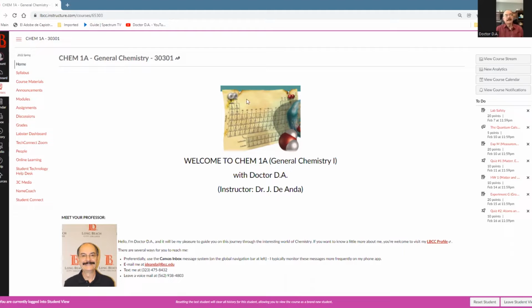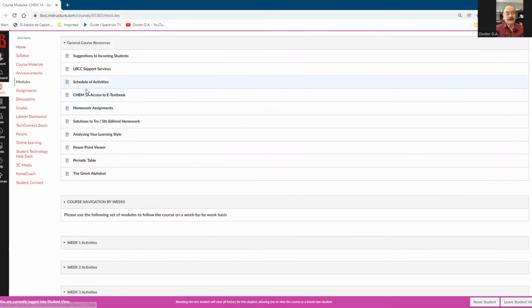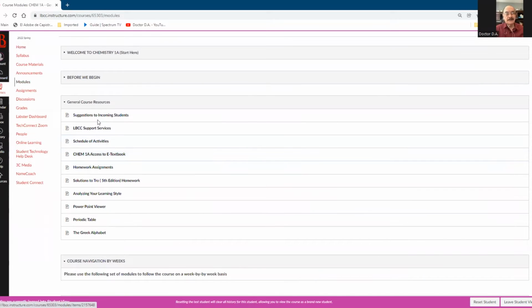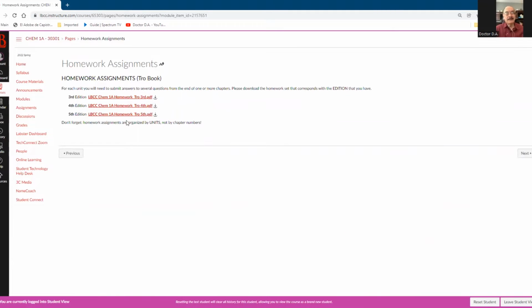And then I want us to look at several things. Over here, first of all, don't forget when I showed you the different modules, right? I showed you this one that says General Course Resources. And we talked about the homework assignments. Don't forget, you are expected to download the homework assignment for your particular edition of the book.